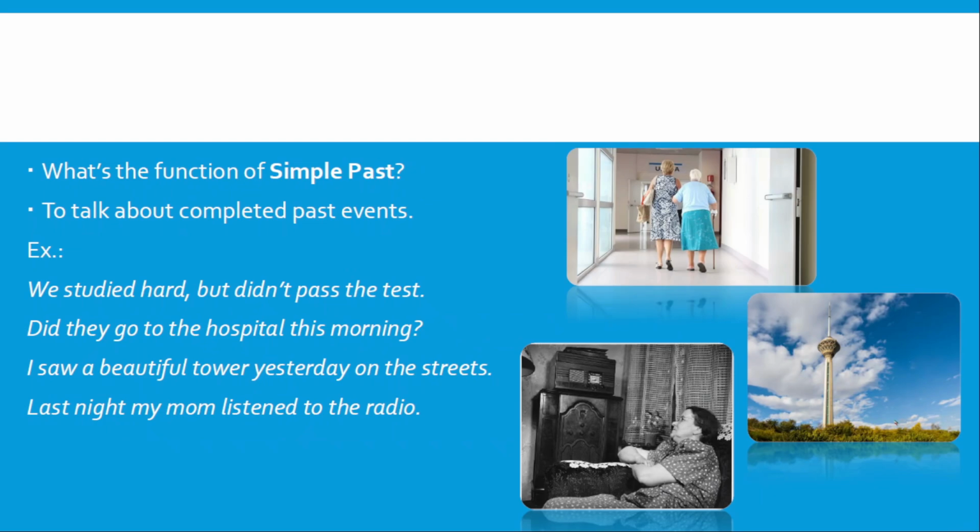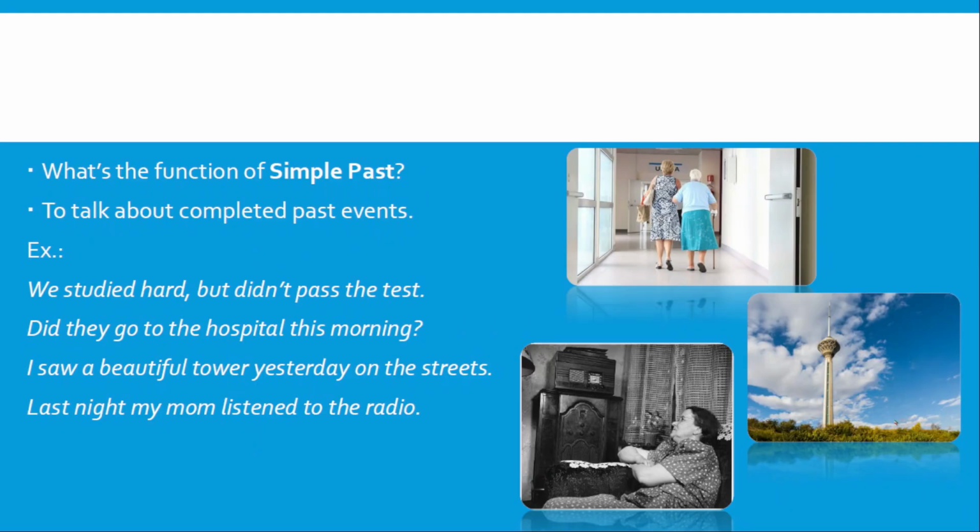And what's the function of the simple past? We use the simple past to talk about completed past events, actions that started in the past and finished in the past. In this tense, we have to remember how to say the verb in past form.